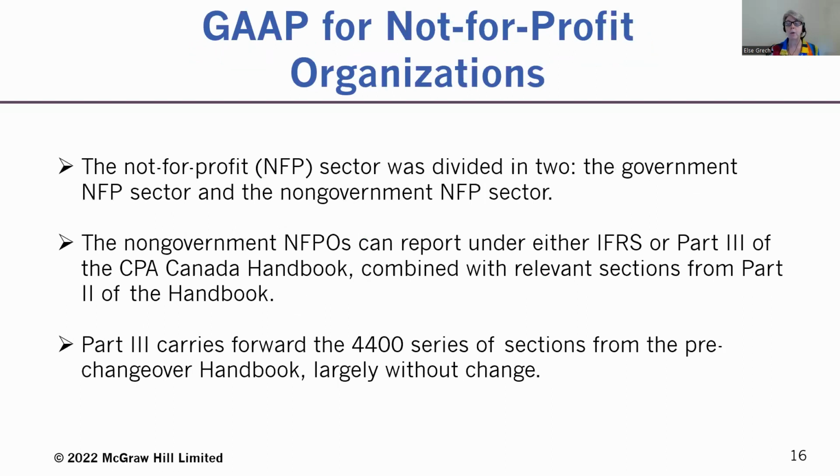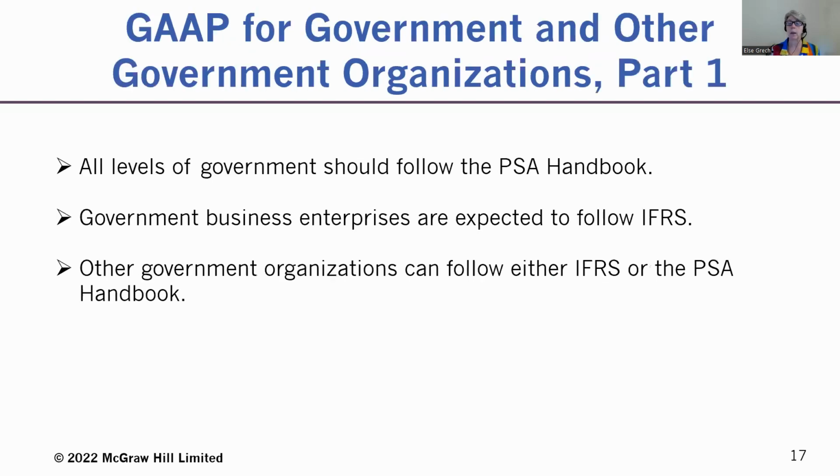Note that this chapter also comments on not-for-profit organizations and the accounting standards which must be followed, as well as the standards for government, which is IFRS, or other government organizations, which follow either IFRS or the PSA Handbook. So PSA stands for Public Sector Accounting.